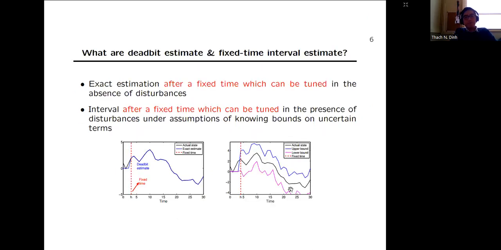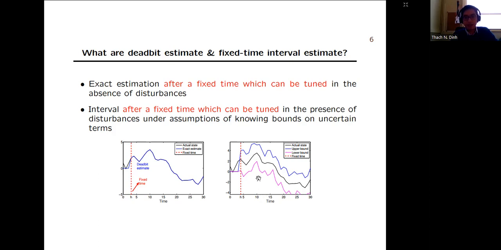So what are deadbeat estimate and fixed time interval estimate? Exact estimation means we will reach the exact estimation, as you can see in the figure on the left hand side. After fixed time S, which can be tuned, we can reach the exact state of the system in the absence of disturbances.